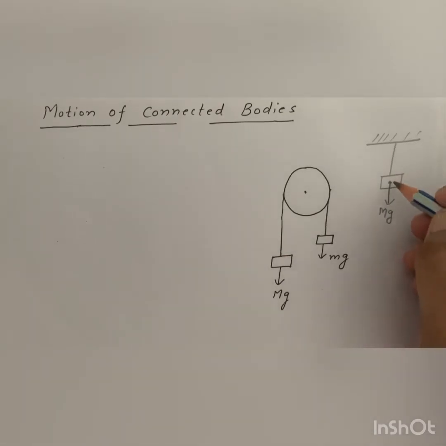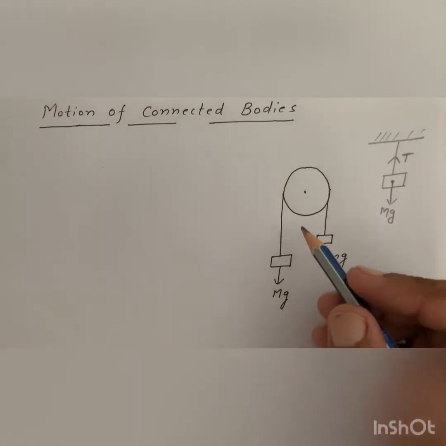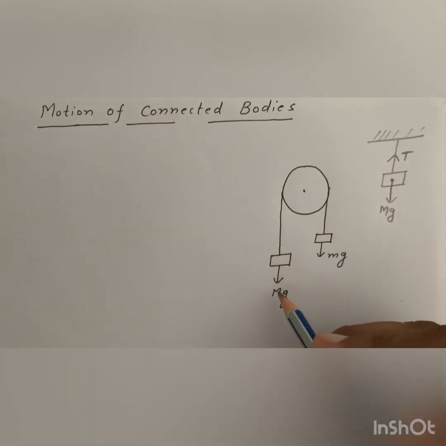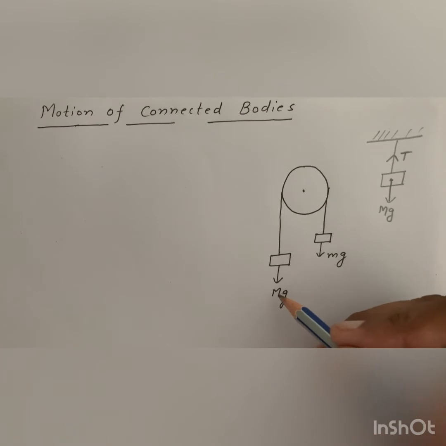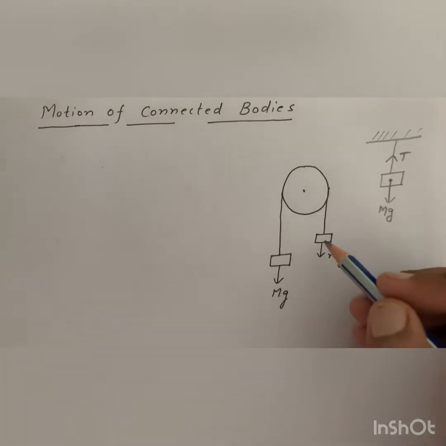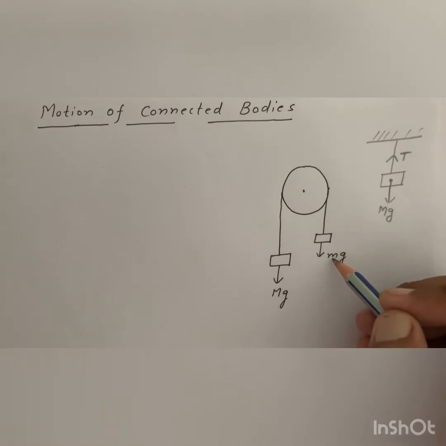The other force that balances this mass is the tension, and its direction is in the opposite direction. Similarly, here we have the small mass, and its weight mg is acting in this direction.